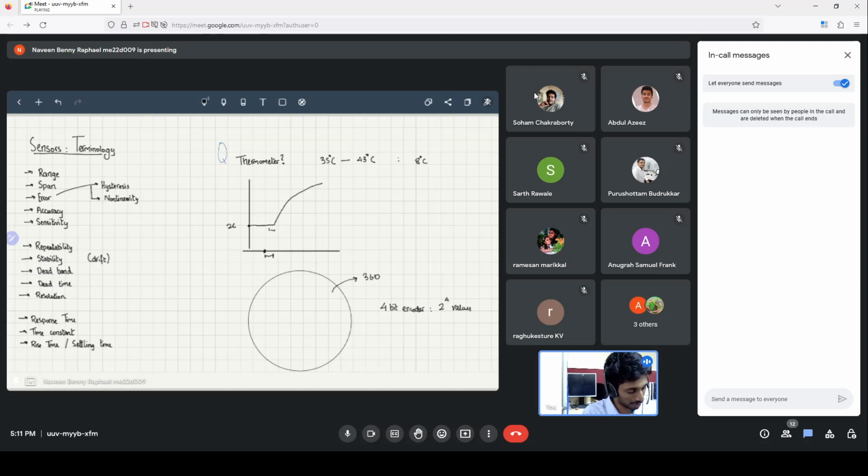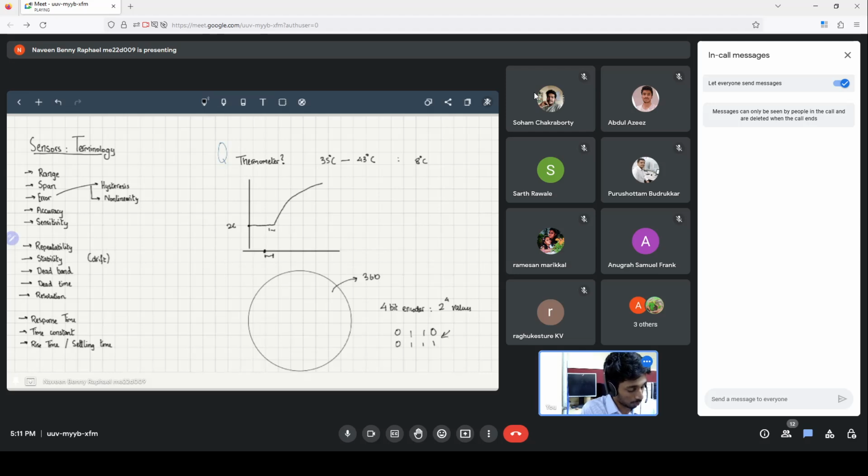This is because you have 4 digits, and each of these digits can take 2 values. Therefore, you get 2 to the power 4 possible values from a 4-bit encoder. That means the resolution of this encoder is, for the output to change from 0110 to 0111.